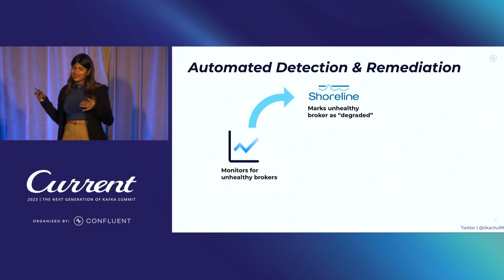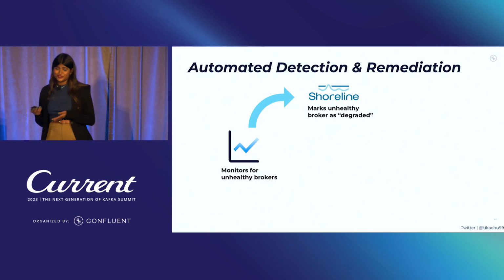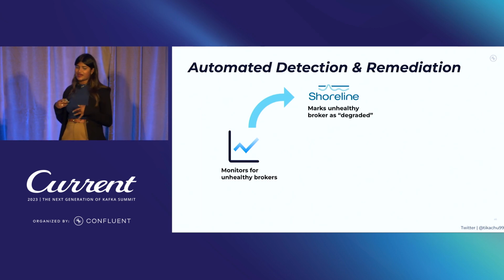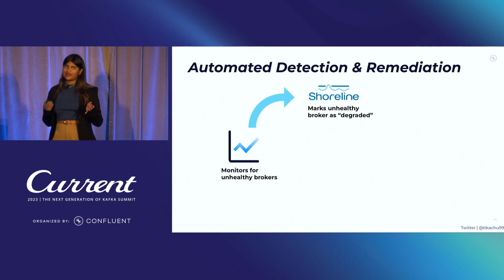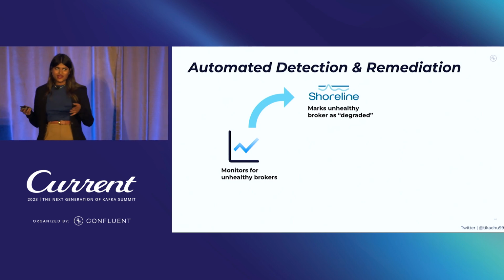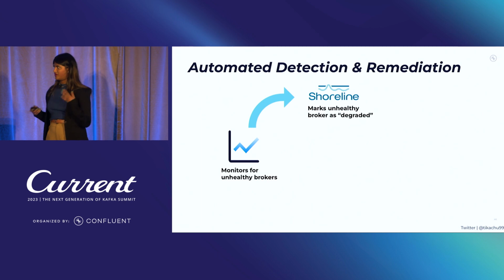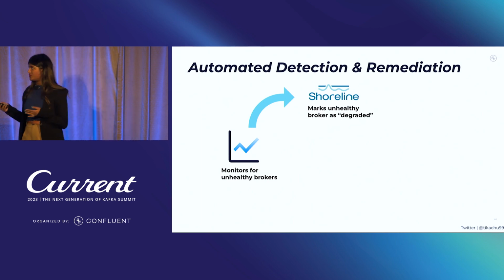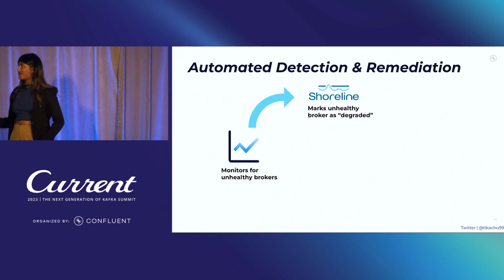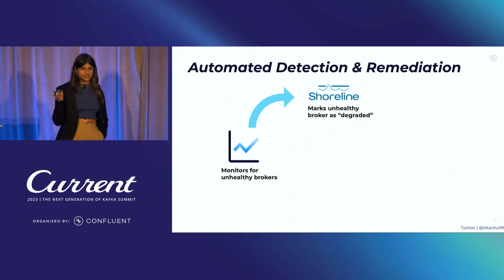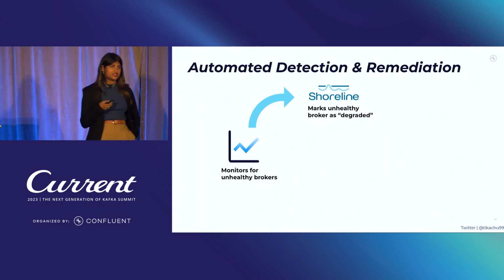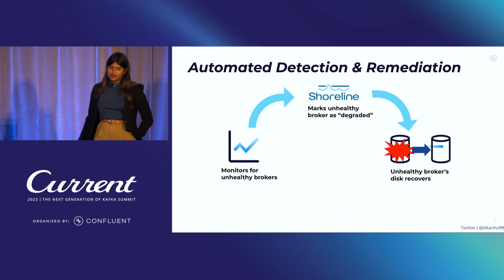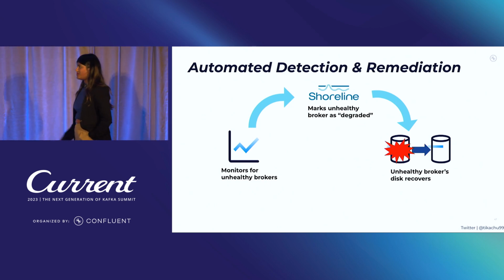If we notice that it is, we use this tool called Shoreline, which hooks into this monitor, and we'll be able to run a script that we provide it when the monitor reaches a certain threshold. The mitigation that we have it set up to do is to change the broker state from healthy to degraded.